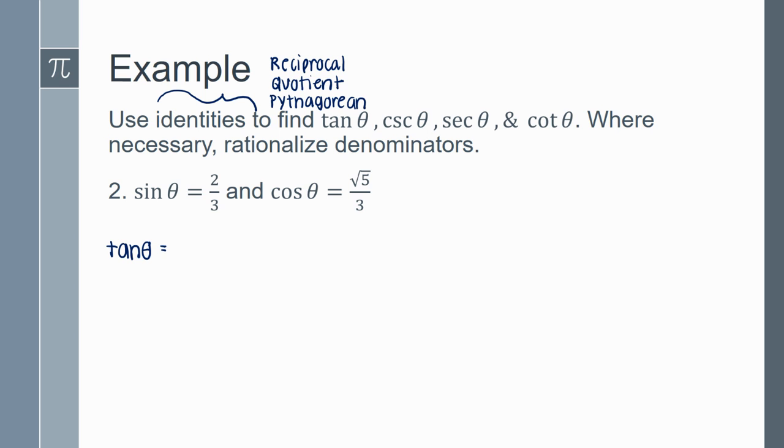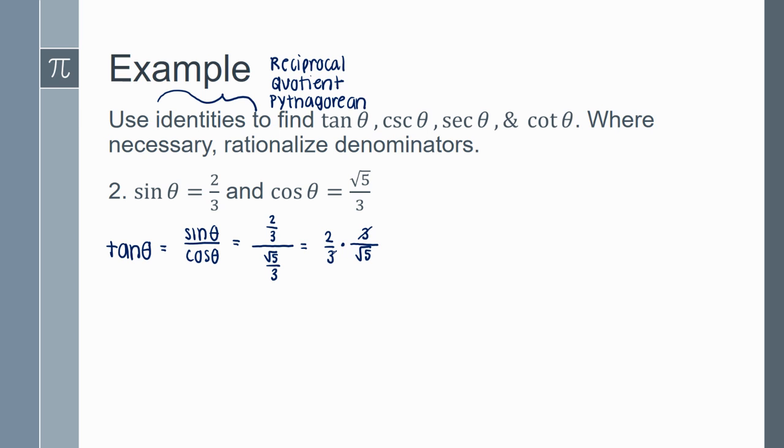But if you think about the quotient identity, remember tangent is sine of theta divided by cosine of theta. Because I have both sine and cosine, I can plug those ratios into this problem. So 2/3 goes on the top, square root of 5/3 goes in the denominator. Because we're dividing by a fraction, I can keep the numerator, change division to multiplication, and multiply by the reciprocal.